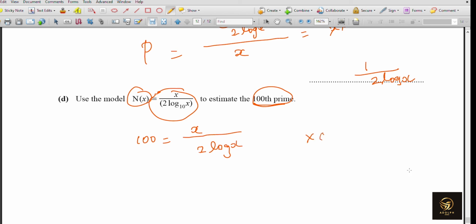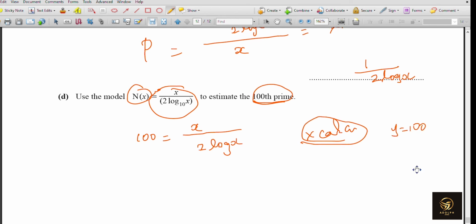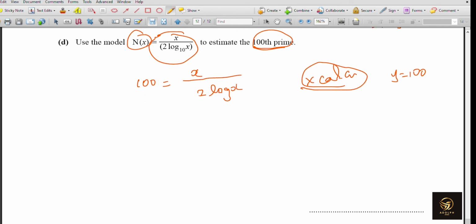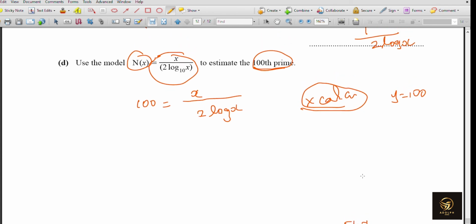Go to calculate x, and if you give the y value as 100, you get 547. So 547 is approximately the 100th prime. Even for the previous parts, we can use the GDC wherever possible.